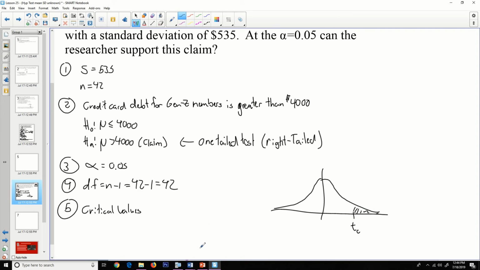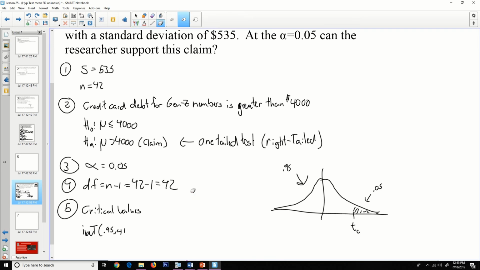To do that, we're going to go the inverse T, invT, so if this is 0.05, this area here is 0.95. So we're going to go 0.95 comma our degrees of freedom, which was 41.